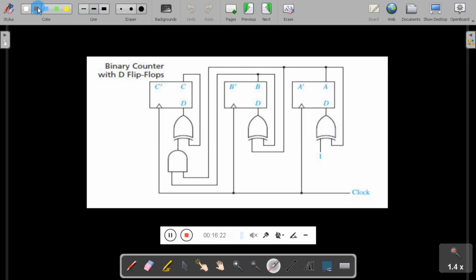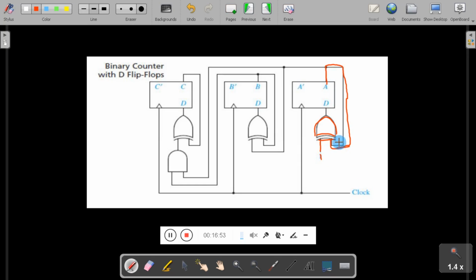For the design purpose, I have taken an exclusive OR gate, and I have connected the A output as a feedback to the input, and the other input to the exclusive OR gate is 1.